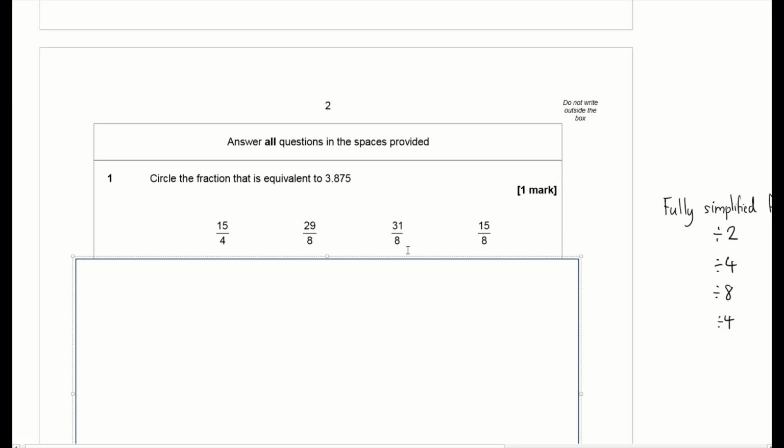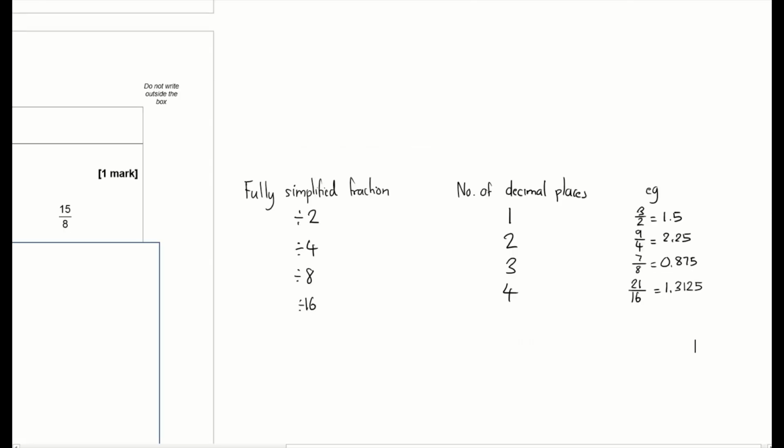Now when you are looking at fractions, particularly if they are fully simplified and divided by, say, 2 or 4 or 8 or 16, etc., you can actually determine how many decimal places the fraction will have. If we consider fractions that are divided by 2, 4, 8 or 16, so anything that's a power of 2, a pattern emerges.